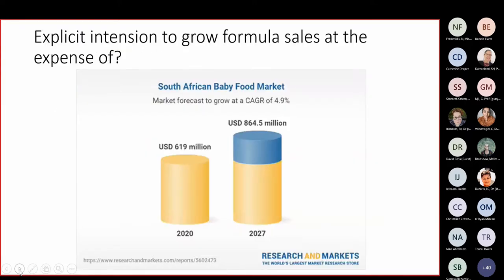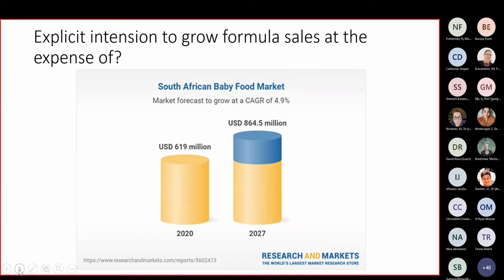So I've been engaging with a number of formula industry representatives and leadership, and every time I have this discussion, it comes up that actually in the formula industry world, they're not displacing breastfeeding. They talk about increasing market share.